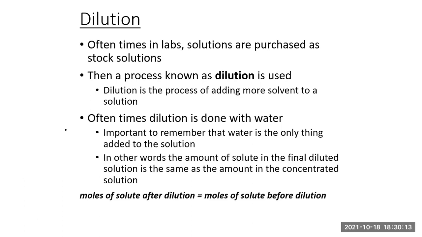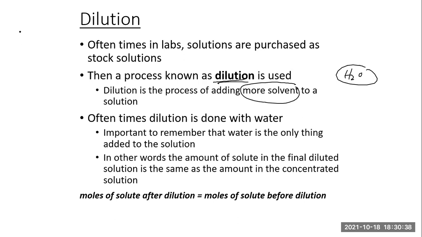So in often processes, really the only thing that happens during a dilution is you add more solvent. And when you add more solvent, a lot of times water is a solvent that we use. So a lot of times we're just really adding more water, or again, if water is not the solvent, some other thing that is a solvent.